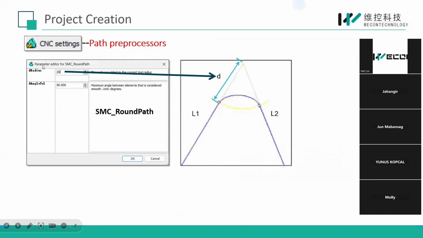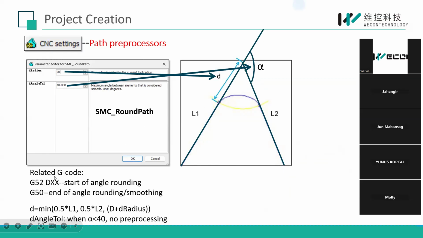For this function block, we have two settings. First is radius, and the second is this angle TOL. The first, this d radius, is the length of this part. And this angle, in the picture, is this alpha.